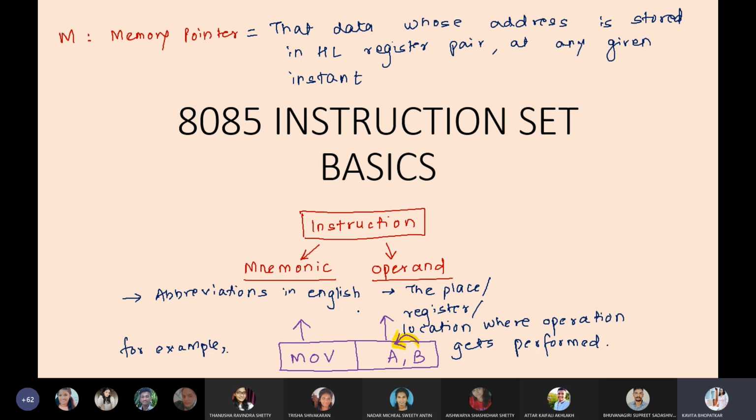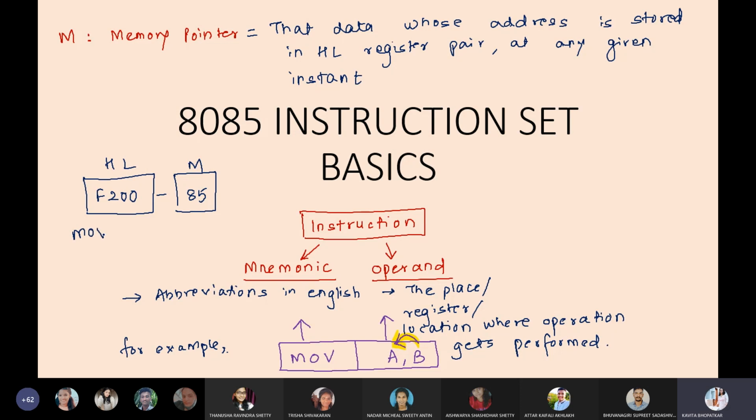So memory pointer M will be basically that data whose address will appear in HL register pair. तो HL register pair में जो भी एड्रेस आएगा, जैसे मान लो एड्रेस आया F200H और F200H में डेटा था 85H, तो ये 85 बनेगा मेमोरी पॉइंटर.